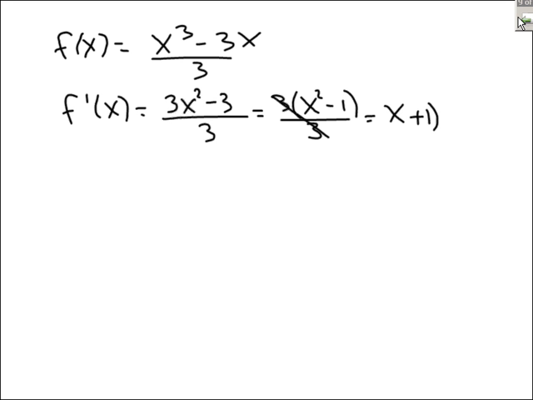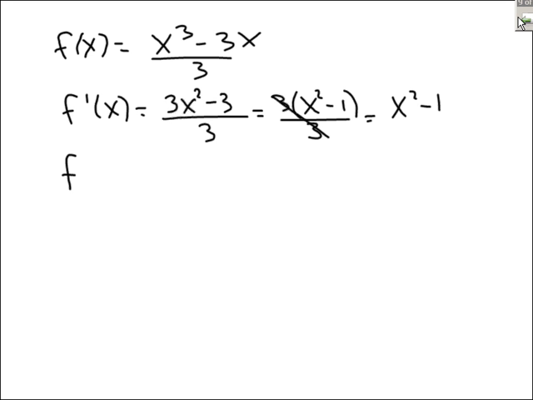Just like the first derivative test, you want to factor the second derivative as much as possible. Oh, that's not the second derivative, excuse me. Sorry about that. So, it turns out that the first derivative reduces to x squared minus 1.